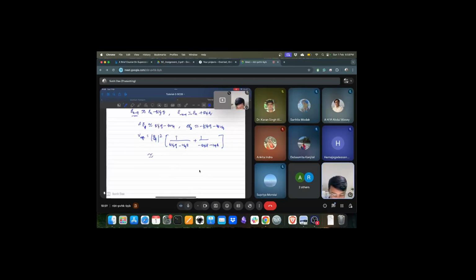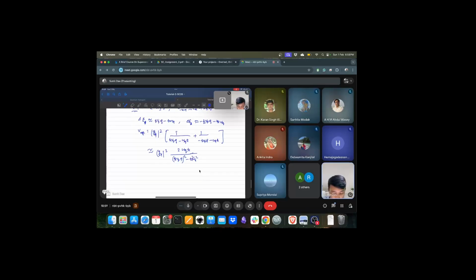So this approximately can be written as g q squared times 2 h bar omega q by, no, not omega. So this is the effective interaction between electron and phonon.